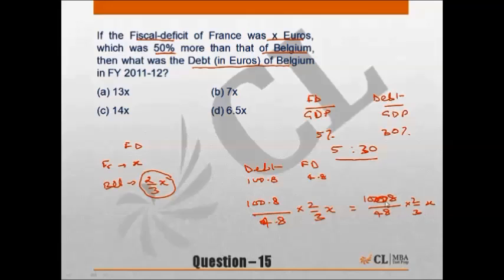Okay. Now this is a multiple of 3. This is 8 plus 1, 9. So this becomes 336 upon 24. It should be 14 among the choices, because 336 upon 24, my answer should end in 4.